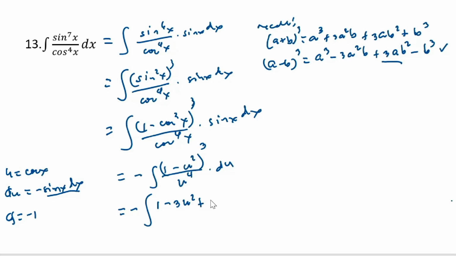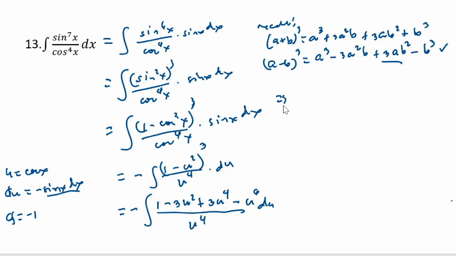So it becomes now 3u raised to 4 minus the cube of the last term, which is now u to the power of 6, all over u raised to 4, du. After that, we are going to divide to simplify the integrand.